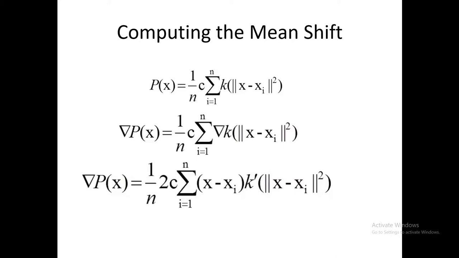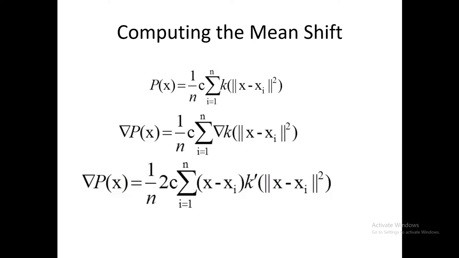Now let's see the relationship of kernel density with the mean shift. So here first what we do is we differentiate it. We are finding the gradient, the derivative of this probability distribution function.